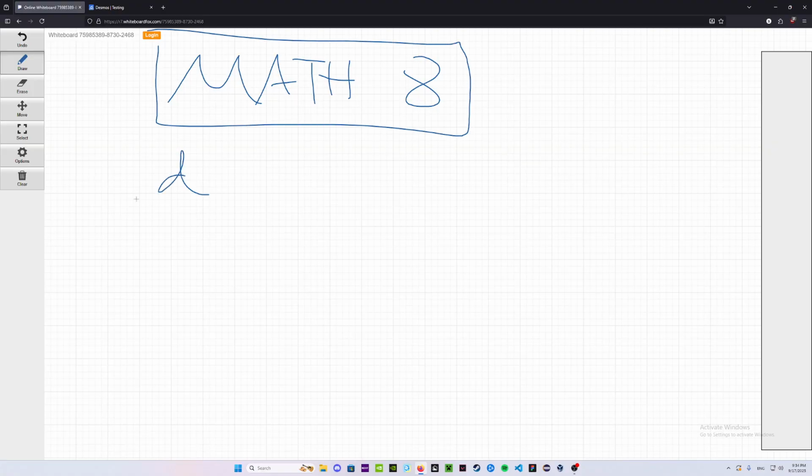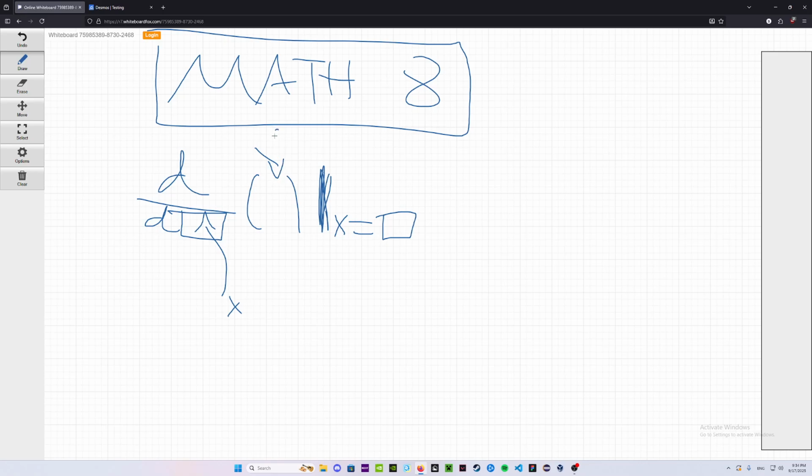You should end up with d over dx, the little box. And then you have parentheses, a big line right here, then x equals, it's another box. So into this box, you're going to type x, and then right here, you're going to type your function. Then right here, you're going to type the point you want. So say I want 4. Then you plug this in, and it'll give you your answer.